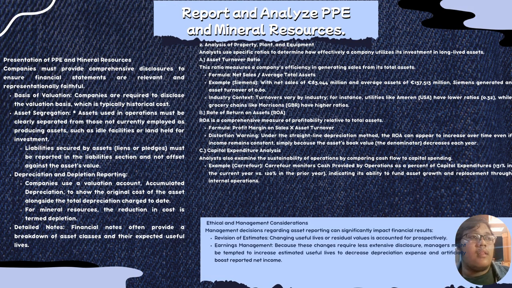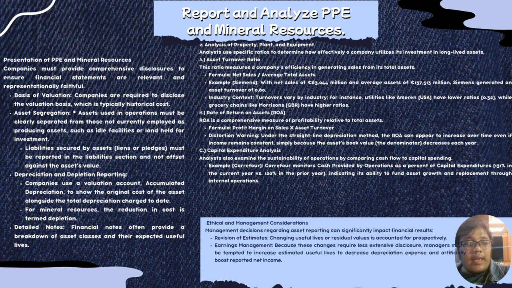Next, I'm going to be explaining about the reporting and analysis of property, plant and equipment, and also mineral resources. Firstly is the presentation of PPE and mineral resources. A company must provide comprehensive disclosure to ensure financial statements are relevant and representative.